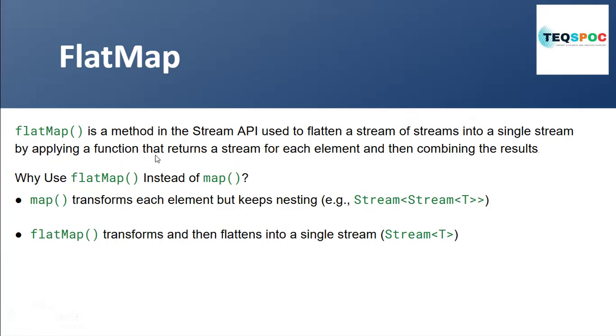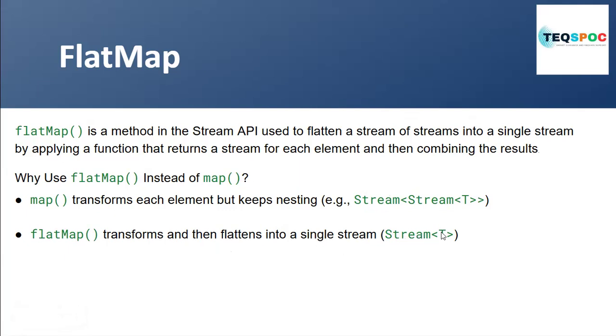It applies a function that returns a stream for each element and then combines the results. Why use flat map instead of map? Because map transforms each element but keeps the nesting, like Stream of Stream generics. Flat map transforms and then flattens into a single stream.